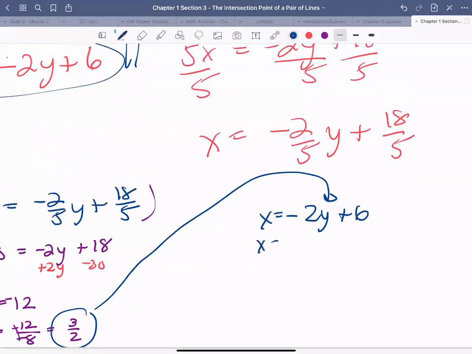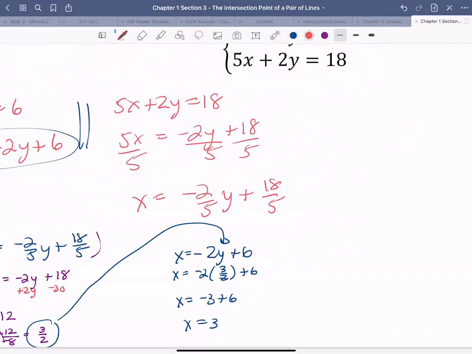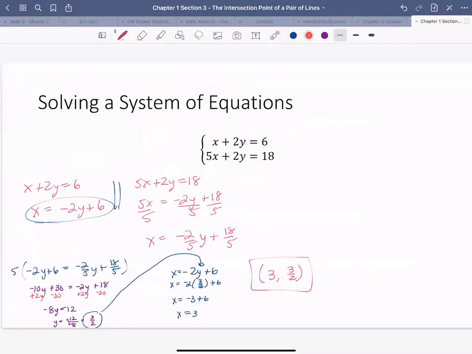So x equal to negative 2 times 3/2 plus 6. You simplify this here. These two divide out, and you're left with negative 3 plus 6, which is x equal to 3. Again, we write our solution as a point. X was 3, y was 3/2, and we get the exact same answer as we did previously.